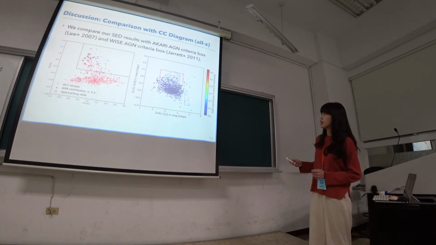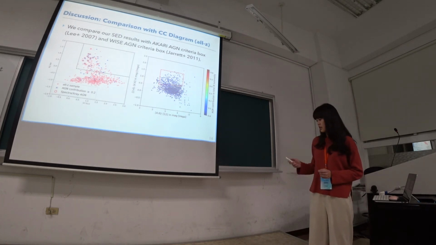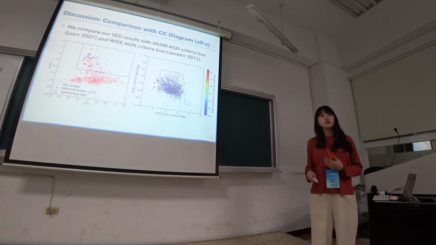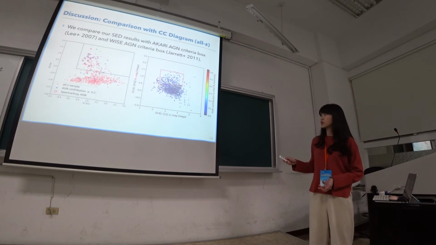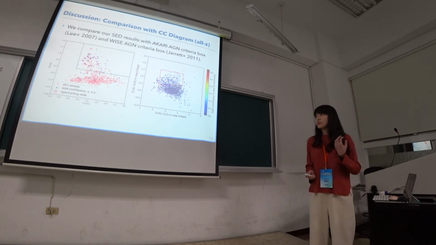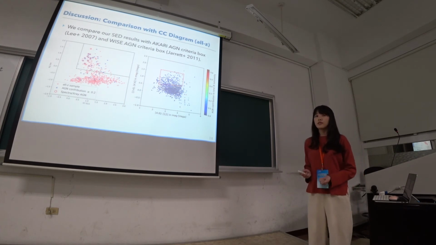For WISE, there are still many outside the box. So this implies that this traditional color box, because it only has two parameters, is not very complete, not comprehensive enough for us to really classify AGN.